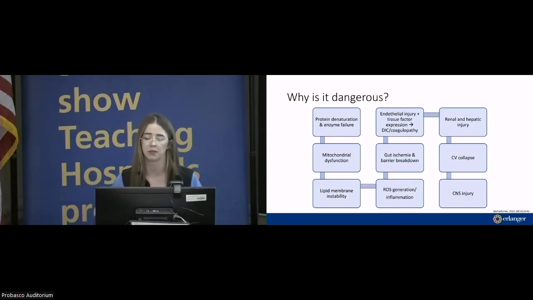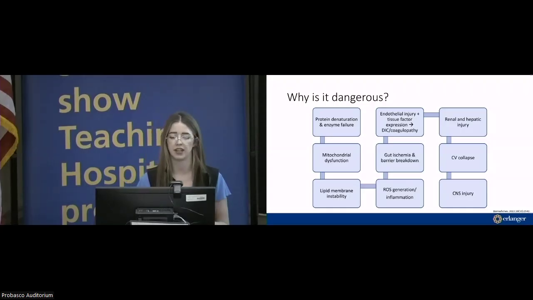With rising temperatures, lipid membranes can become unstable and generalized inflammation is common, which can lead to gut barrier breakdown. Endothelial injury causes tissue factor expression, which can lead to coagulopathy and DIC. Some downstream effects include renal and hepatic injury, cardiovascular collapse, and CNS dysfunction. These complications highlight the urgency of rapid and aggressive supportive care.